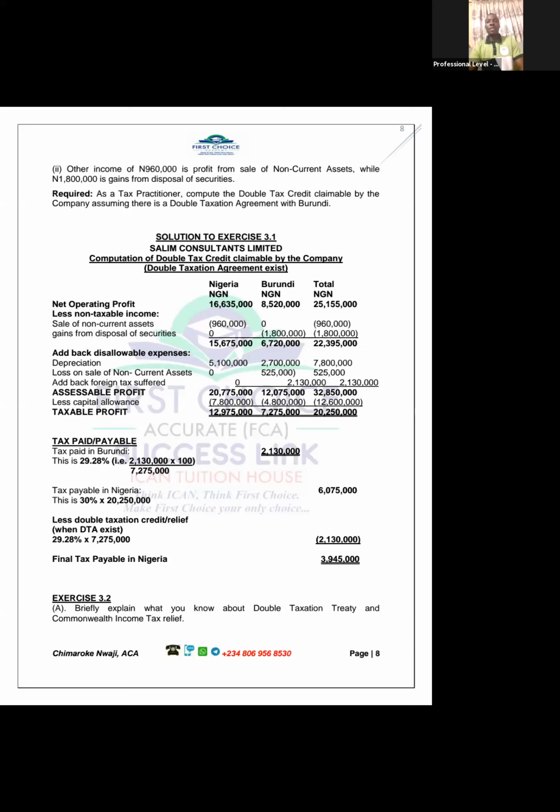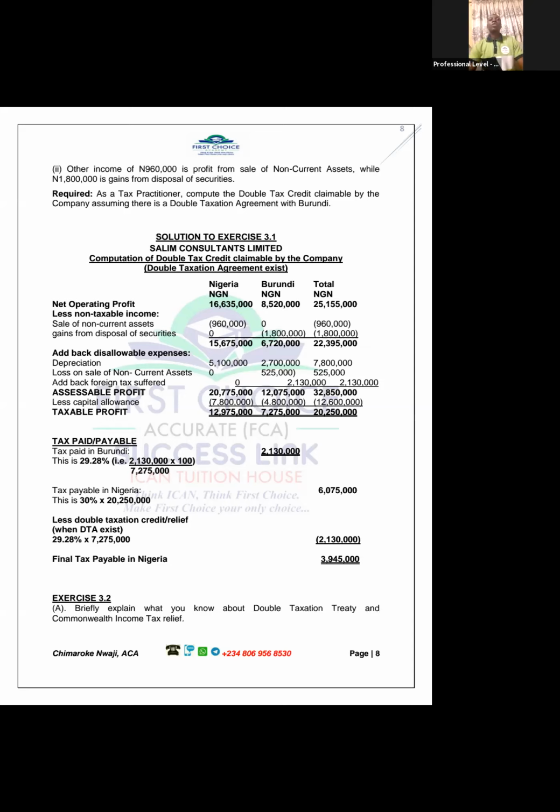Now look at the tax paid in Burundi. That was the tax given in the question. Now, how do we know the percentage? So you see why we have to look for the taxable profits, and you see why we had to add back the foreign tax so that we can get our taxable profits. Now you can see that your foreign tax paid divided by your foreign taxable profits, multiplied by 100 is going to give you the percentage of tax, which is 29.28.